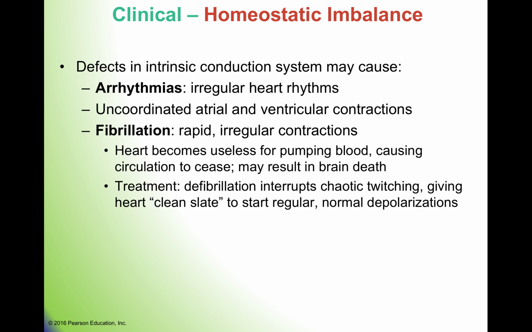Another scenario is called fibrillation, where you have very rapid, irregular contraction of the heart. In a severe fibrillation, your heart muscles become useless because there is no coordination between them.